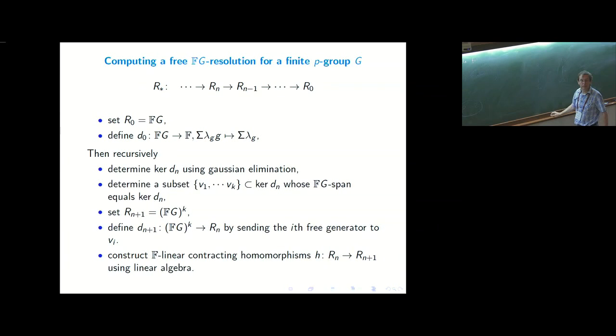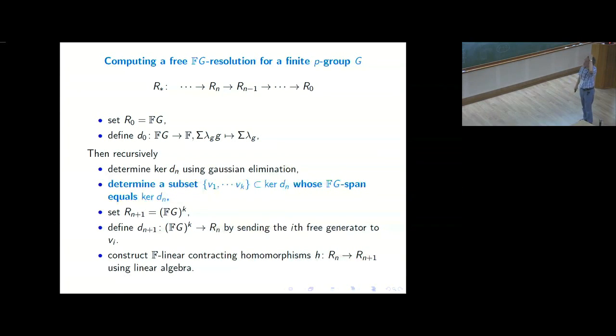But then there is this question: how do you efficiently, just by basic linear algebra, determine a subset of the kernel's FG span that is equal to the kernel?